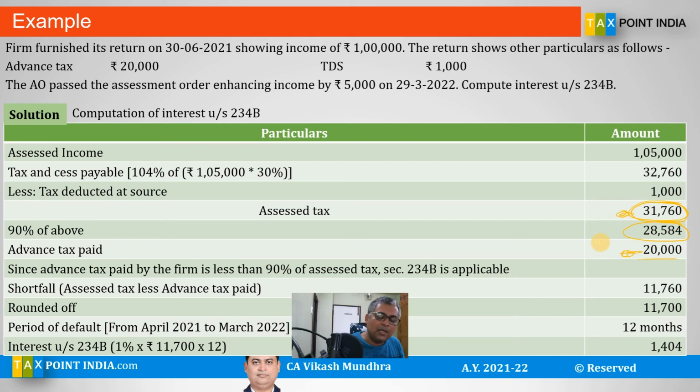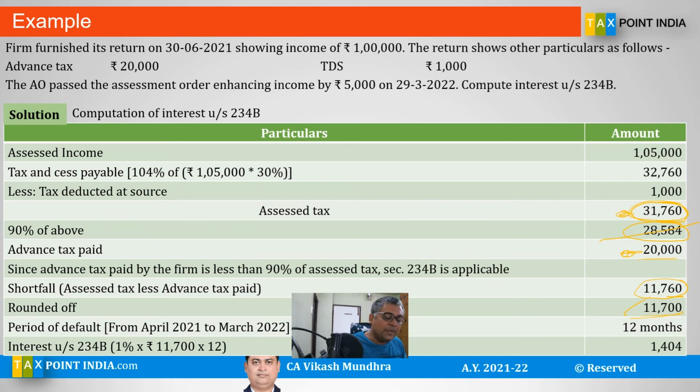If it is applicable, then leave it. 31,760 as reduced by 20,000, the shortfall is 11,760, which is supposed to be rounded off. 11,760 is rounded off to 11,700 by ignoring fraction of 100. Rate of interest is 1%.